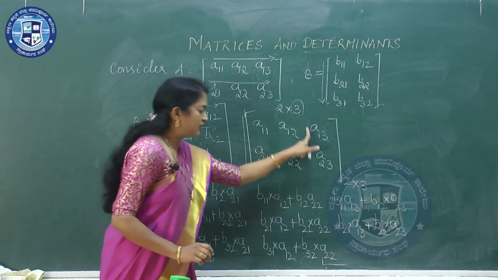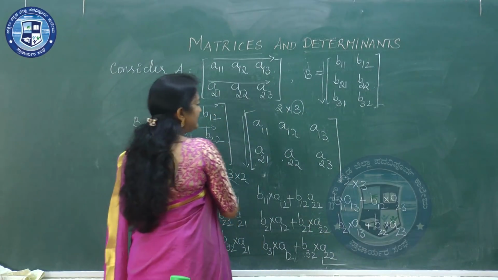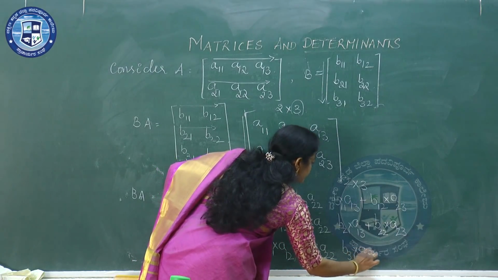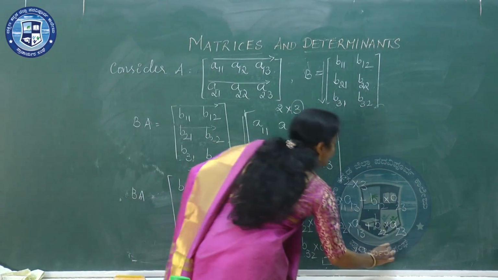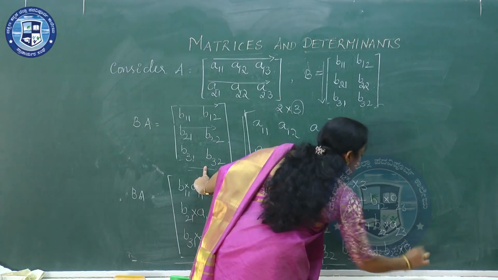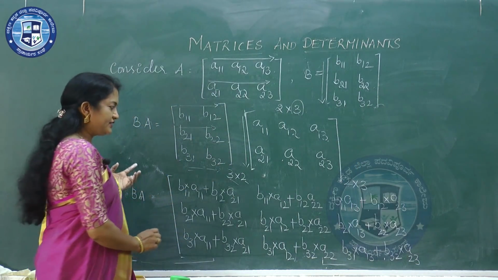So third row, third column gives the third element in the third row, that is B31 into A13 plus B32 into A23. Now all the rows, all the columns multiplication is over.